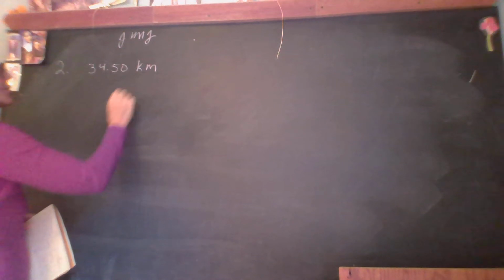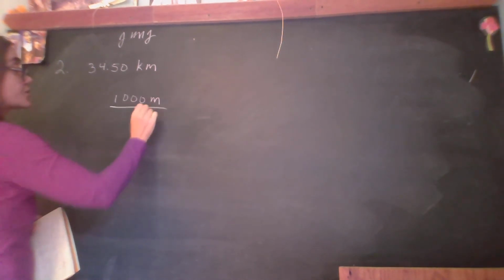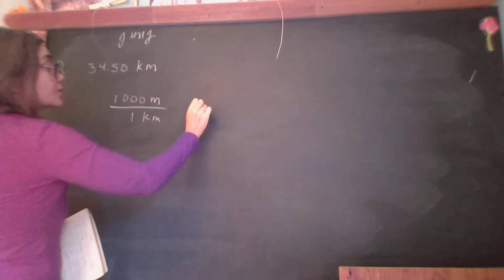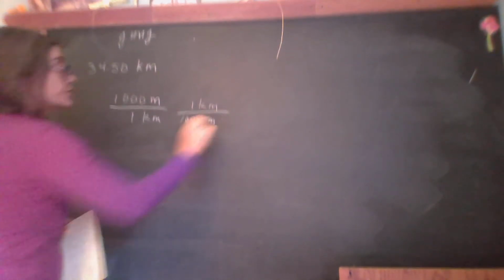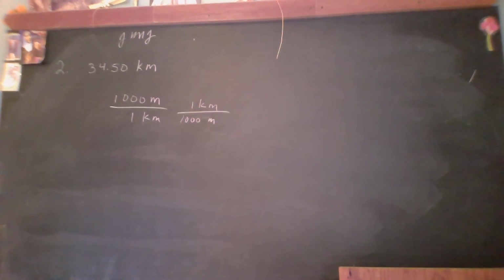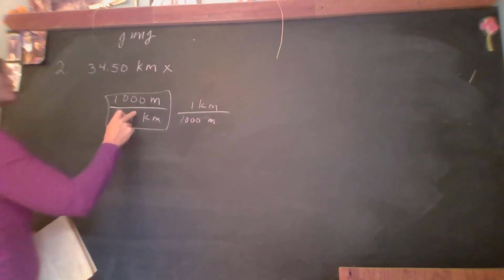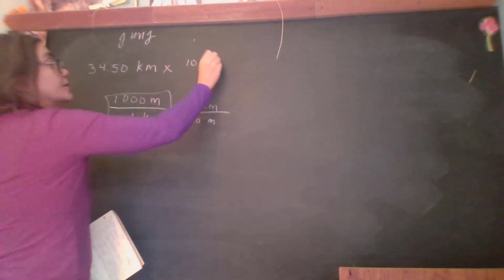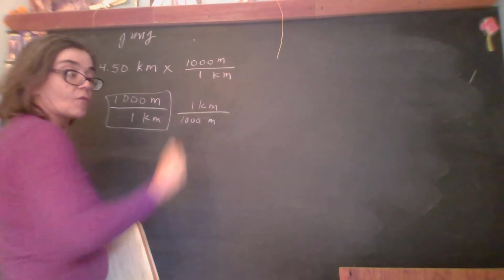So the relationship between kilometers and meters is 1,000 meters per 1 kilometer, or 1 kilometer per 1,000 meters. So we're going to pick the right one to use based on what we want to end up with. We want to end up with meters, and so we're going to use this one. Times 1,000 meters per 1 kilometer.